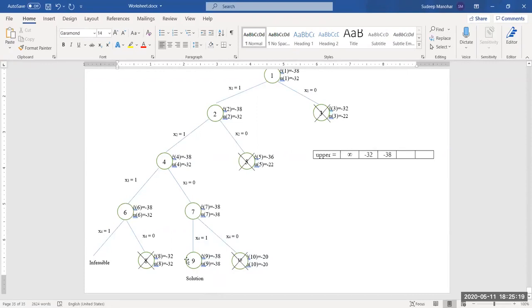Starting from the solution node till the root node, trace back and write the values for x1, x2, x3 and x4. x1 is 1, x2 is 1, x3 is equal to 0, x4 is equal to 1.